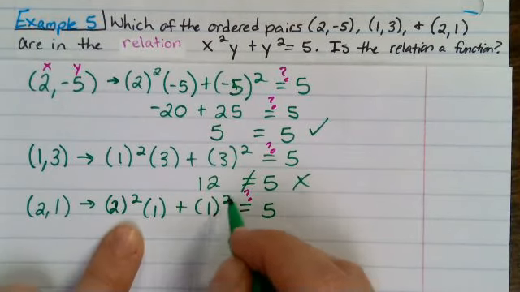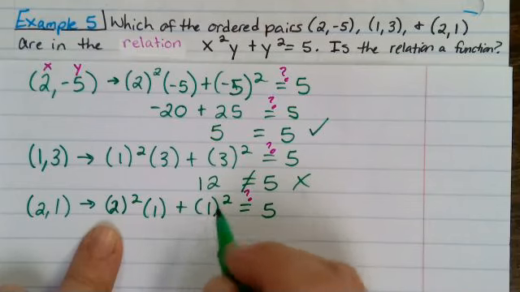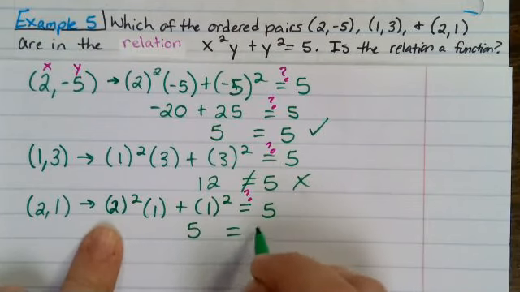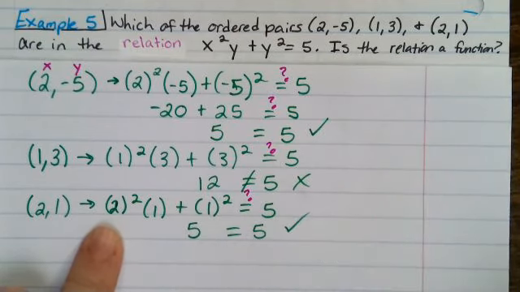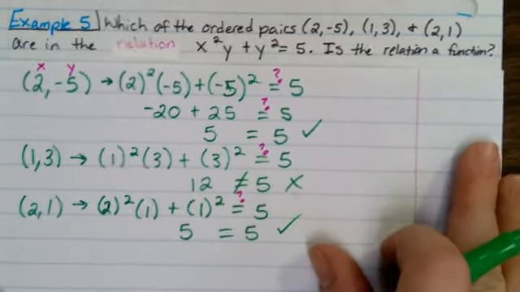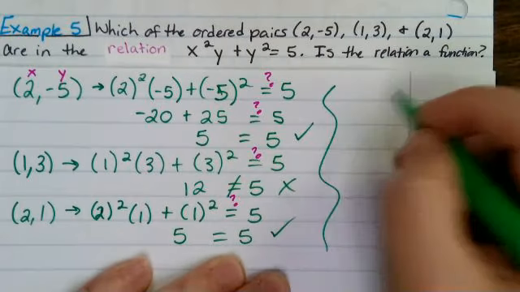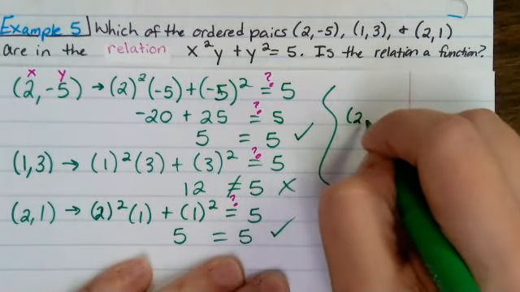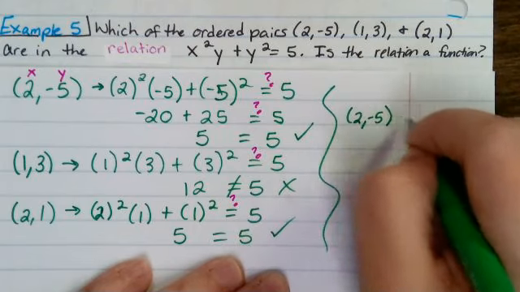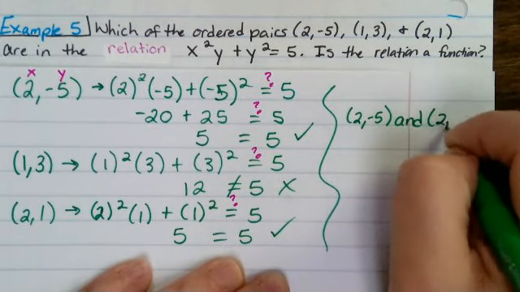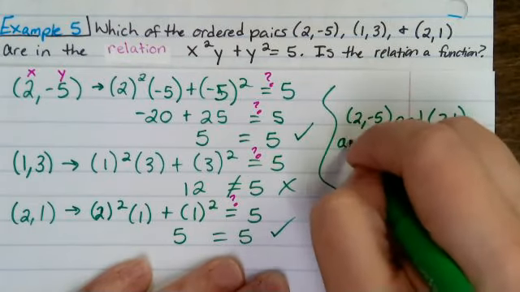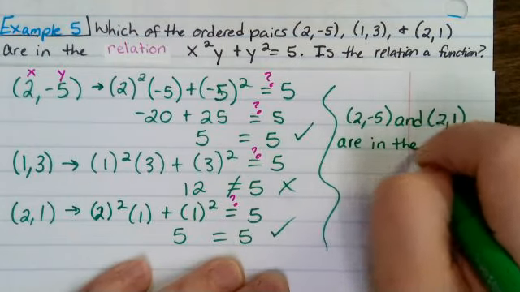Over here, 1 squared is 1. 4 plus 1 is 5. Does 5 equal 5? Yes, it does. So two of these points were in our relation. To answer the question, the points (2, -5) and (2, 1) are in the relation.